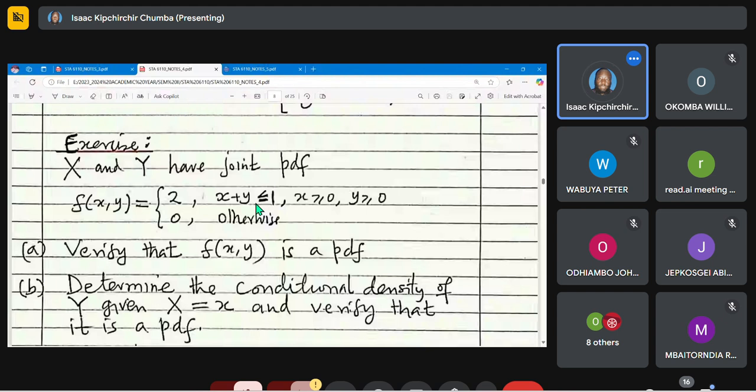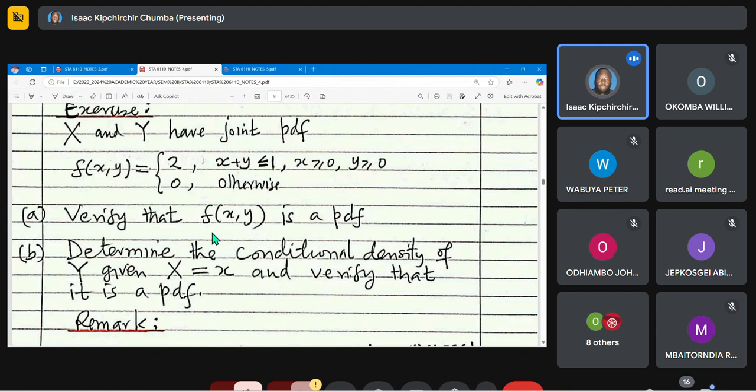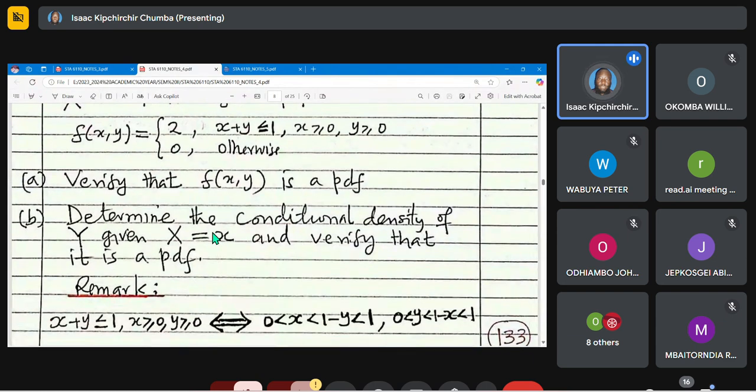Identify the region, get the correct limits, and verify this is a PDF, and then determine the conditional density of y given x, and also verify that it is also a PDF. So integrate over y and see whether you will get 1. You will definitely get 1.